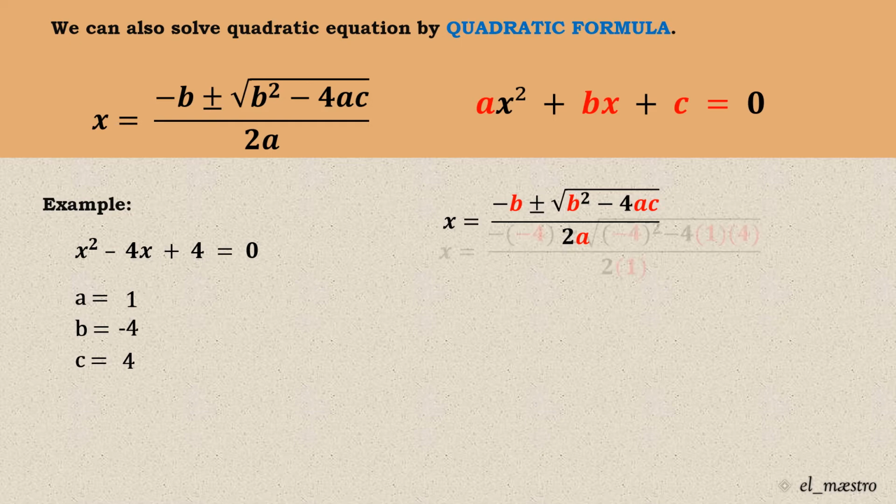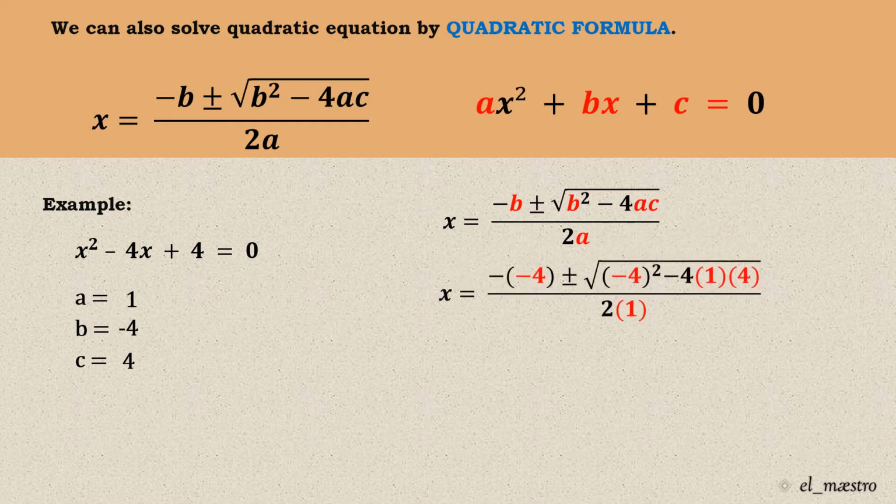Let's substitute. This is the result. If you notice, the substituted values are in red. Look, b is negative 4, since our b is negative 4. Then a is 1 since our a is 1, and c is equal to 4.